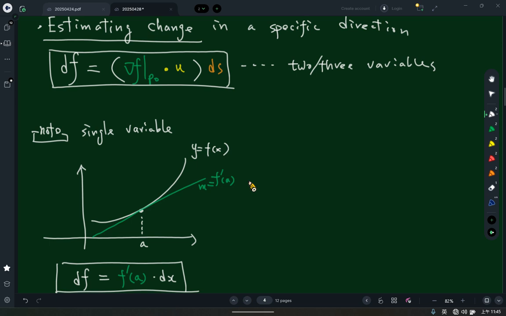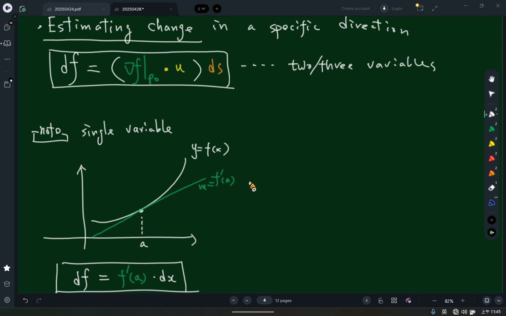So you can just make a comparison. They are almost the same, right? This is the estimated change, df, which for a single variable is the derivative at a times a small change dx.